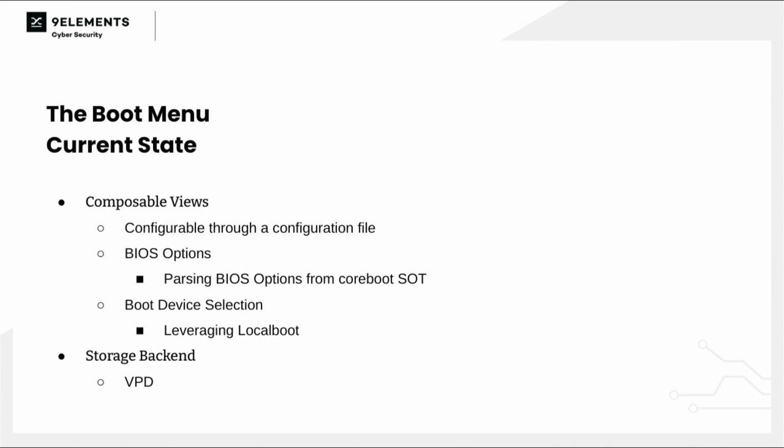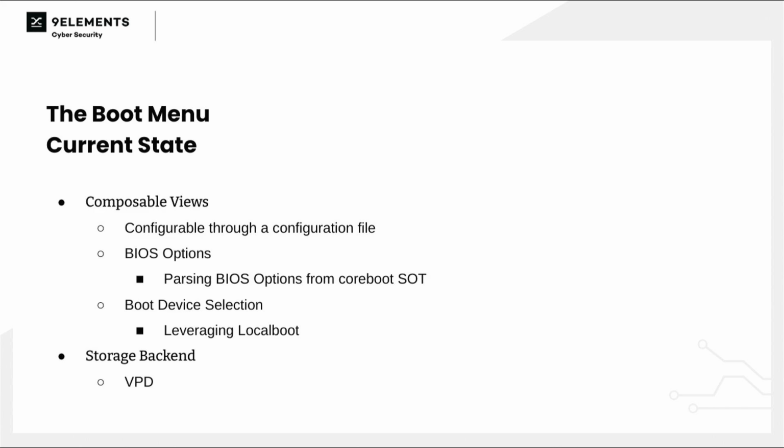For the BIOS options, I'm using coreboot as an underlying firmware, and coreboot has a mechanism called CMOS option table, I guess, the short form. And I'm parsing those BIOS options in from the coreboot option tables.